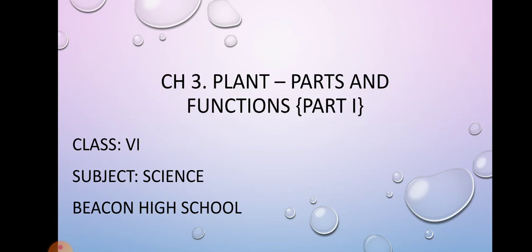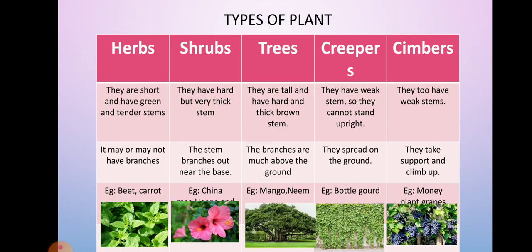So, in this chapter, we are going to first of all talk about different types of plants that we have around us. Okay. So, on the basis of size and kind of stem, plants can be classified as herbs, shrubs, trees, creepers, and climbers. Okay. So, in this table, you can see that they have been differentiated.